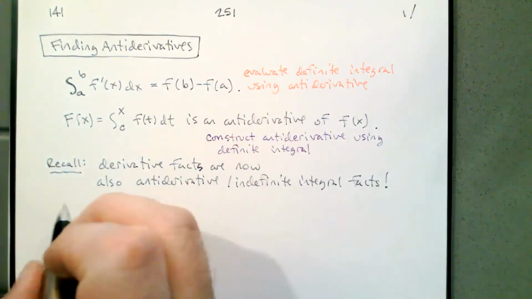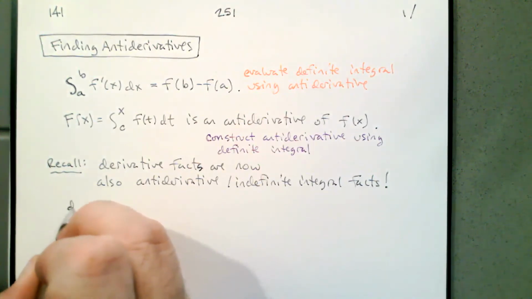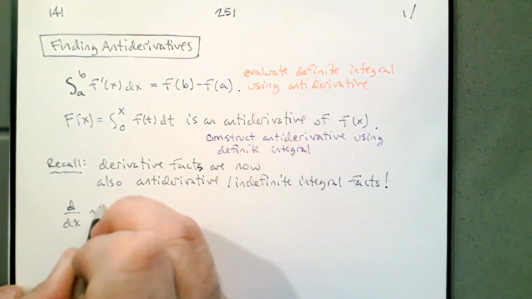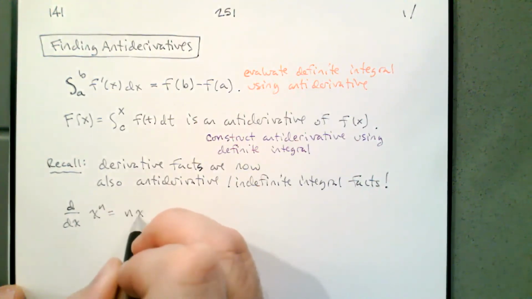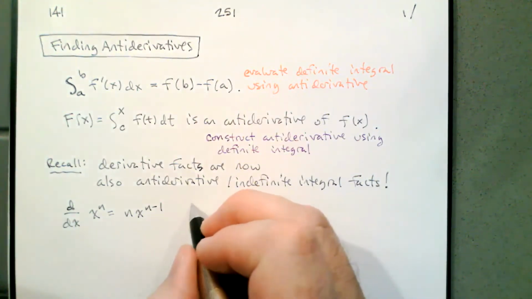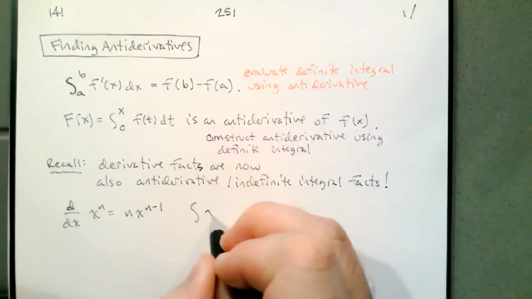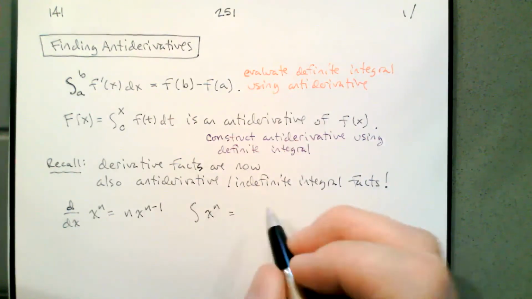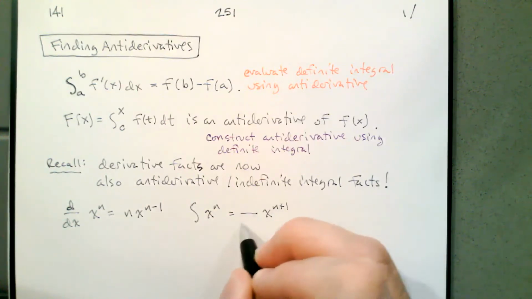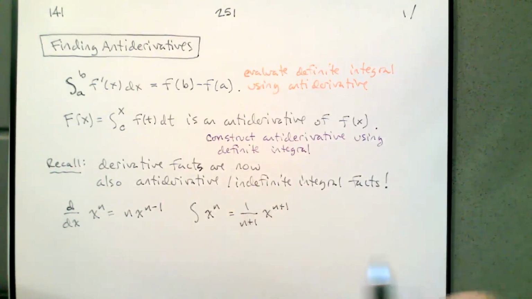What I mean is that if we know that the derivative with respect to x of x to the n is nx to the n minus 1, we just invert this process to find the antiderivative or the indefinite integral, so that the integral of x to the n is x to the n plus 1 divided by n plus 1.